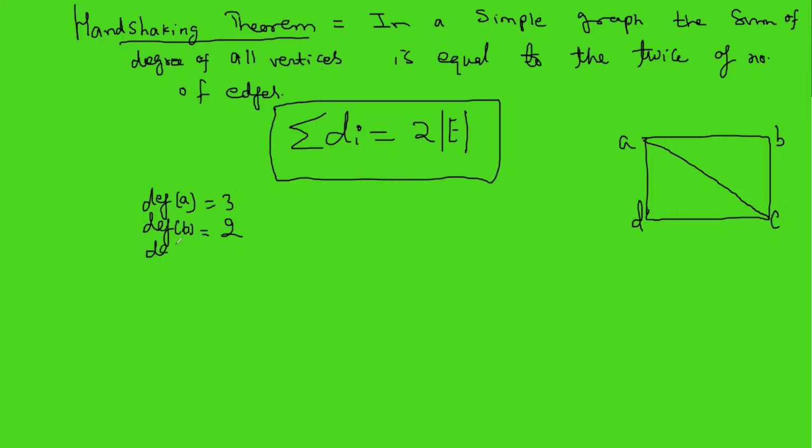Degree of B? Degree of C? Degree of D? What is the total degree? So the summation of degree is what? How many edges are there?